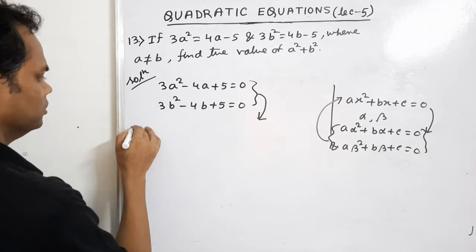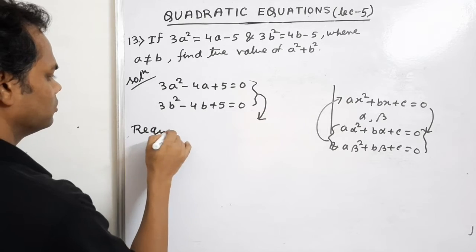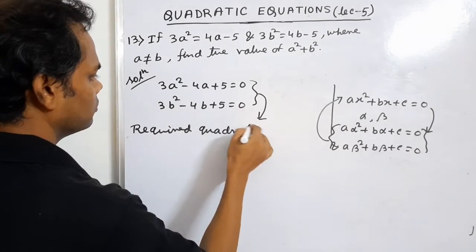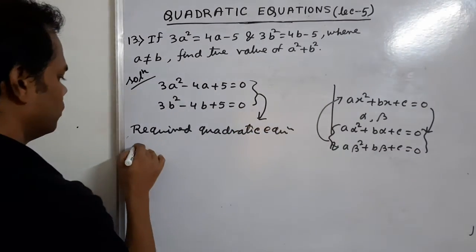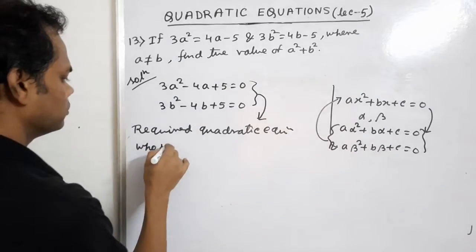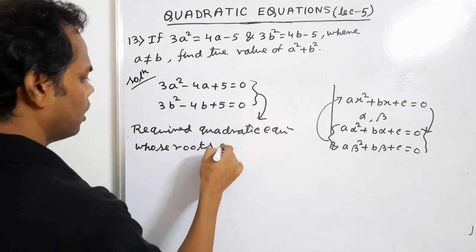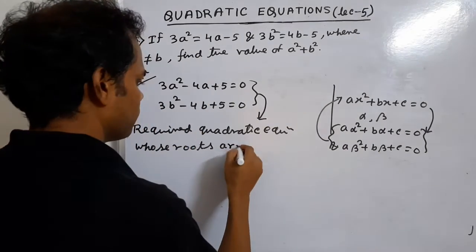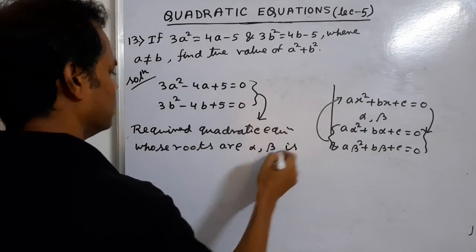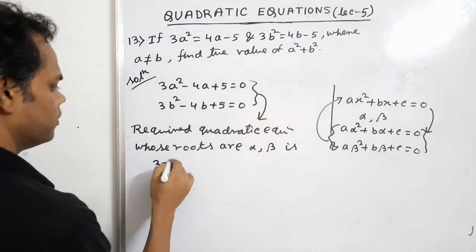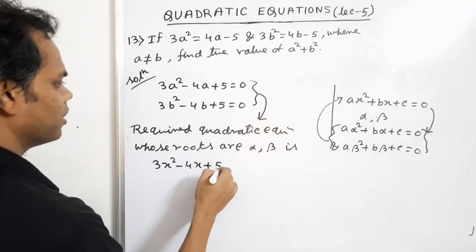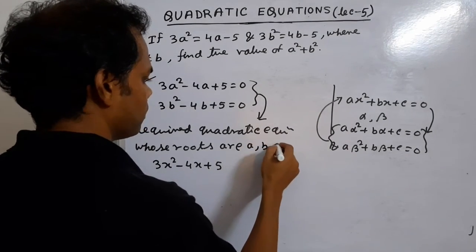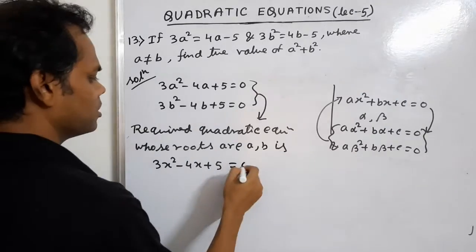a quadratic equation whose roots are a and b: 3x square minus 4x plus 5 equal to 0.